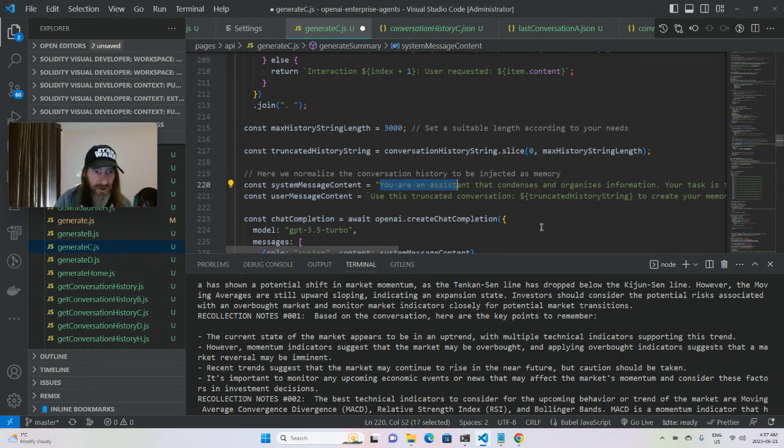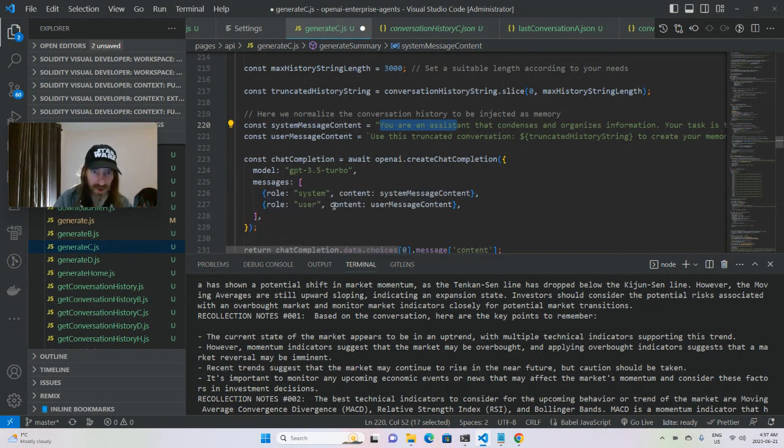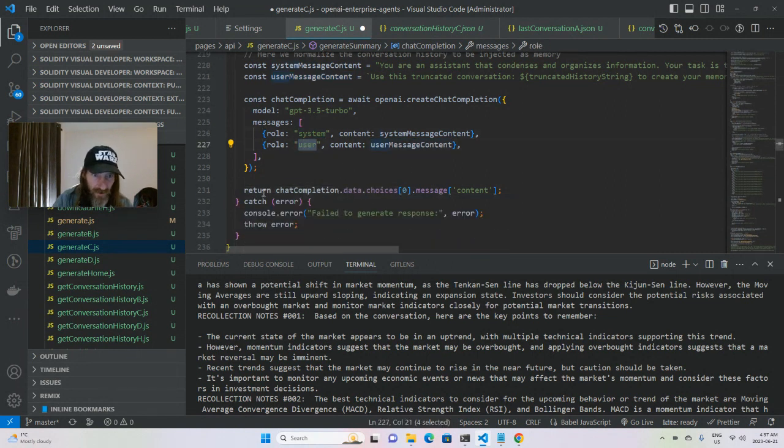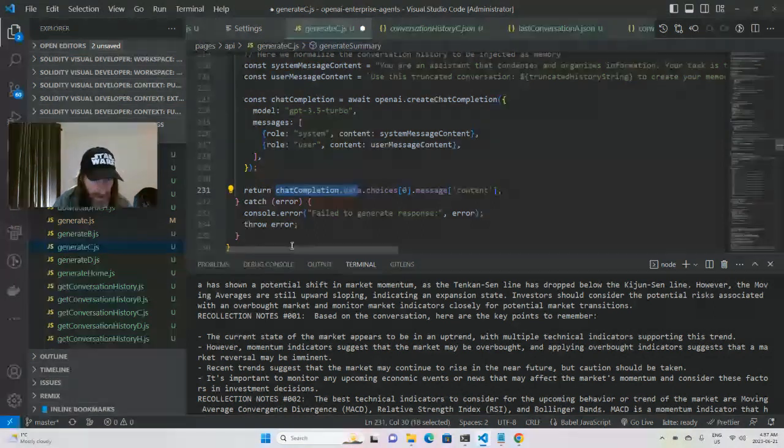That's the structure of the relation between the system message content and the user message. When you do the completion right here, you see you've got system and then you've got user, and then you just kick it in and it gives you an API return.